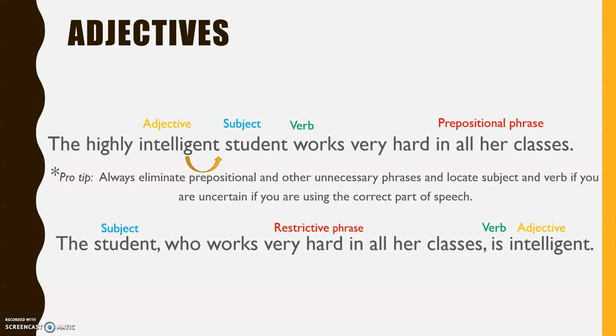The student is what? Intelligent. Now, a lot of times when you follow this format, the word at the end might be another noun, which makes it a direct object. However, as we discussed, intelligent is not a noun, and it's describing the student, therefore making it an adjective again, even though it is not in front of the subject or another noun.